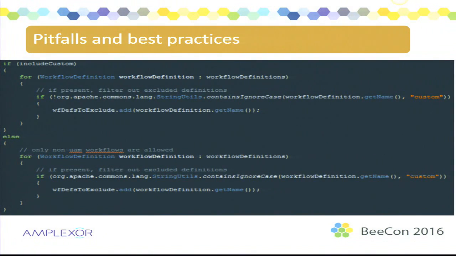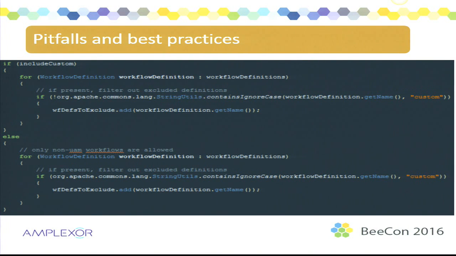Now, how does it look in the code? Maybe I didn't choose the best colors for that one. If that parameter is available, it's on the top, and it's true, and your workflow definition doesn't start with your prefix, so it's an out-of-the-box workflow, that workflow definition is excluded from the result set.